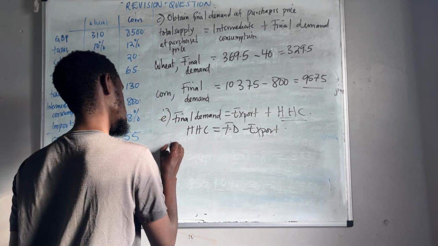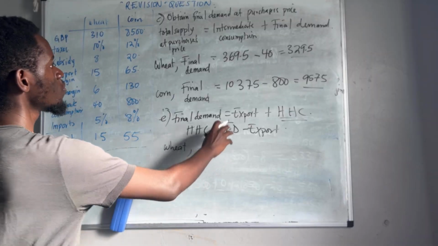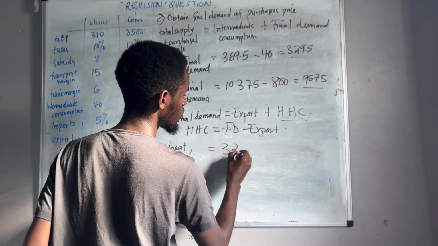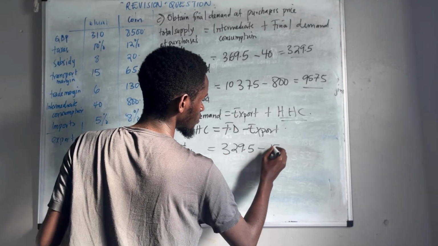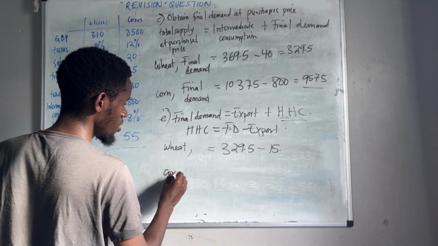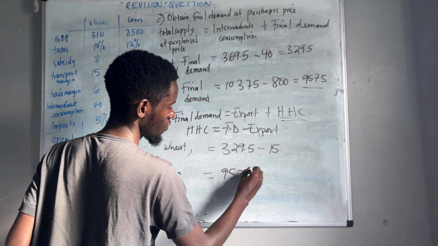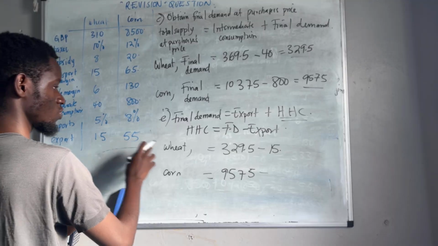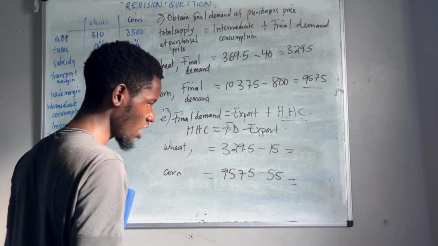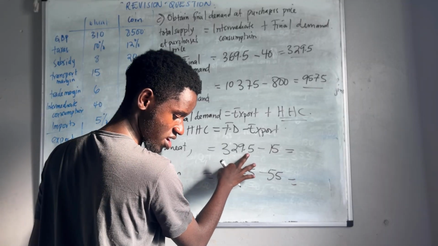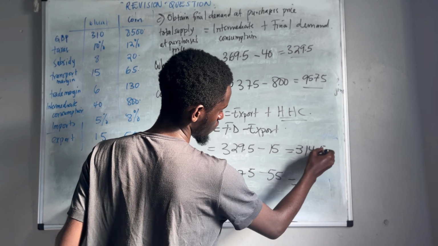Now we find for wheat. Final demand for wheat is going to be this one, 329.5 minus exports. So exports is 15, and then for corn, our final demand is going to be 9575 minus exports, which is 55, and then you have the answers. 329.5 minus 15 is going to be 314.5, like that.